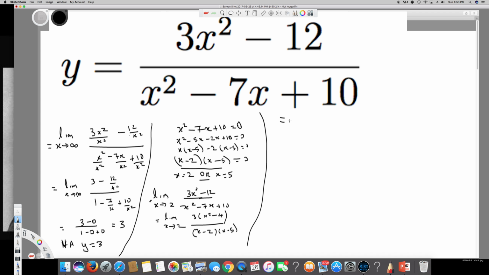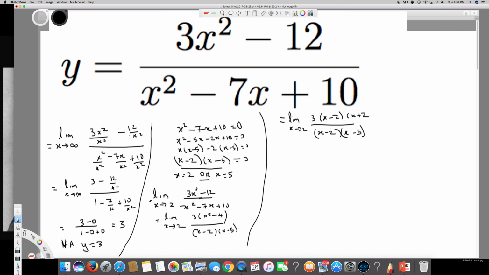This is going to be equal to limit x approaches 2, and x square minus 4 we can expand as x minus 2 times x plus 2, over x minus 2 times x minus 5.